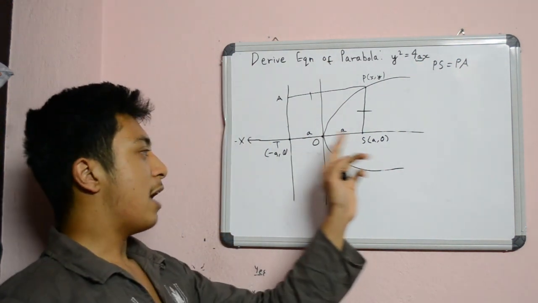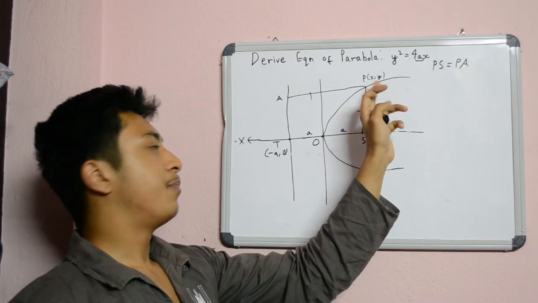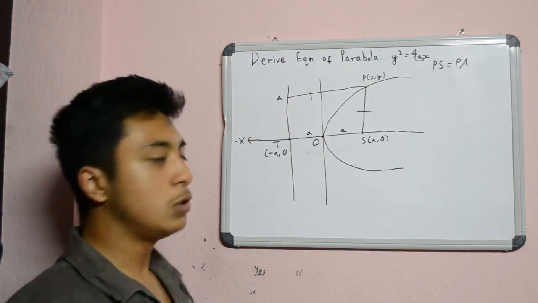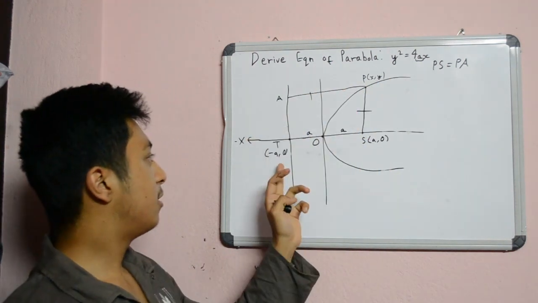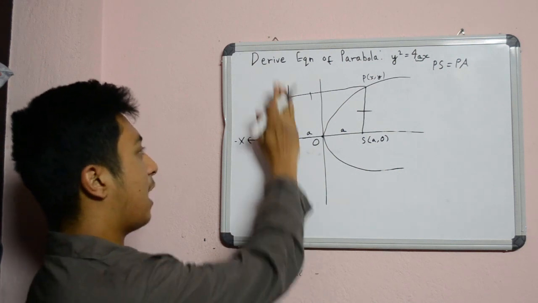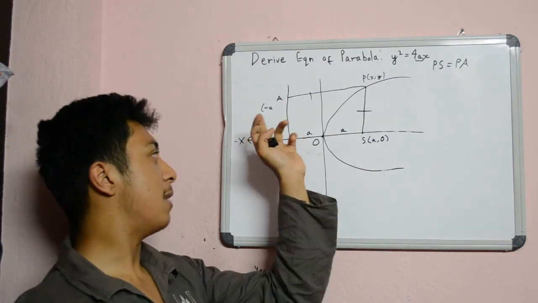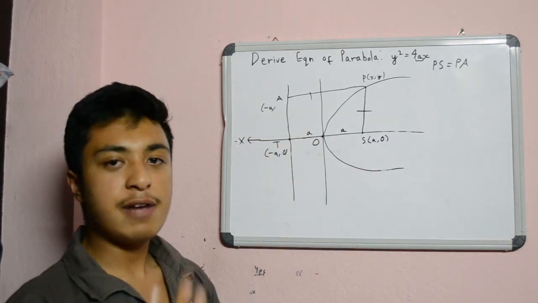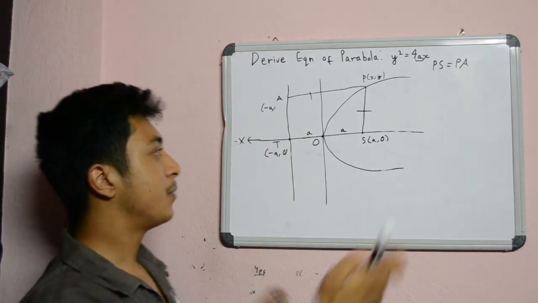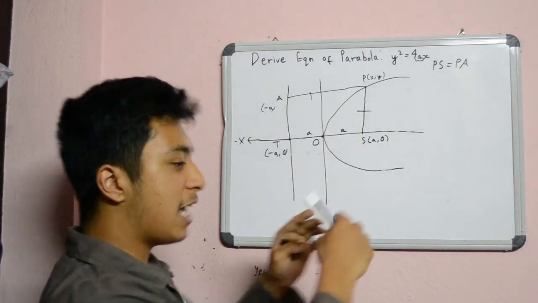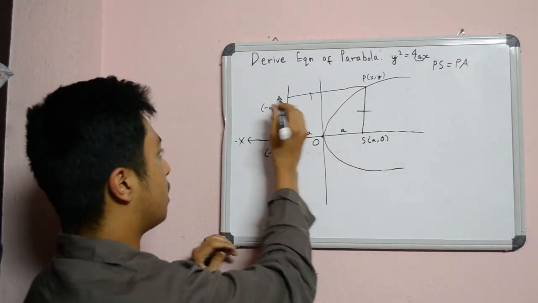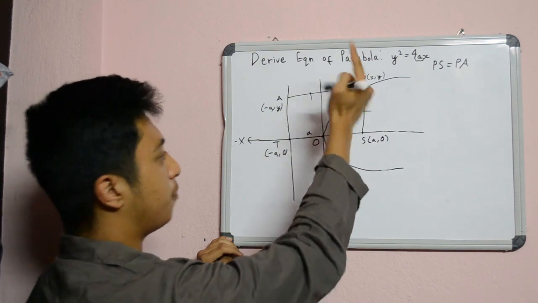So we have found S and P. Let's find the coordinate of A, which is quite easy because this is a straight line going up, meaning its x value does not change and it is minus a. For its y value, A and P lie on a straight line, so it will have the same y value as that of P.